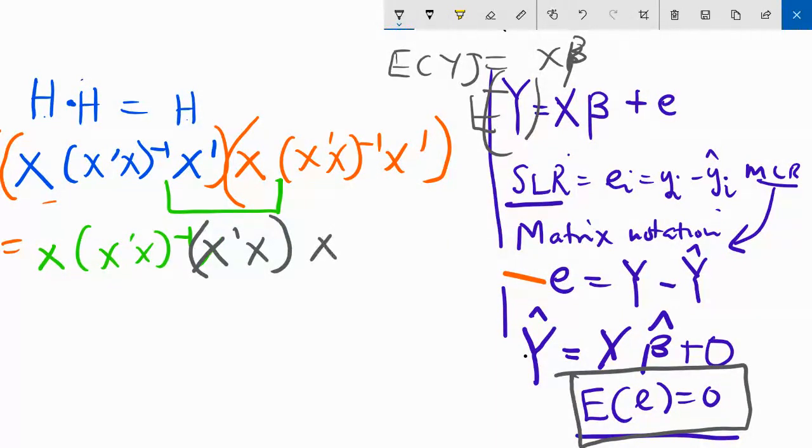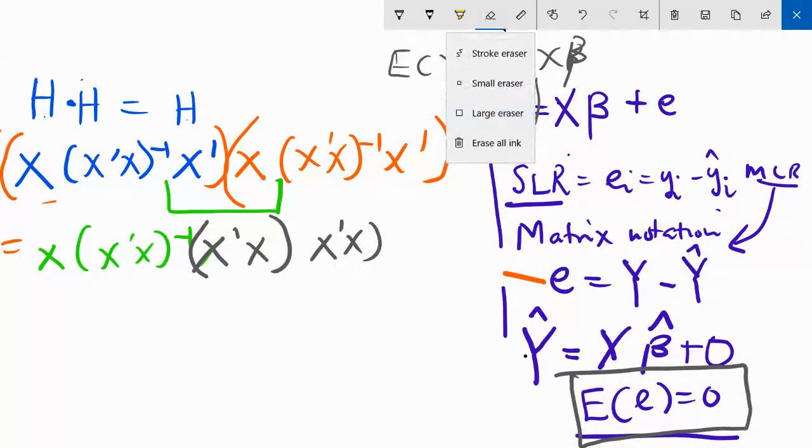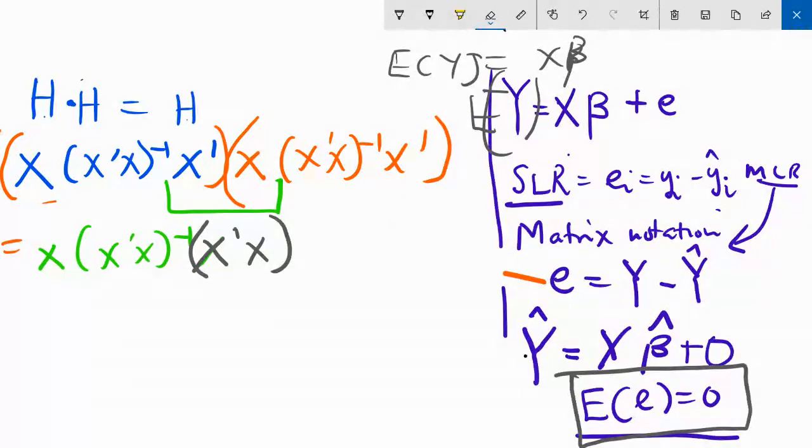Inside the bracket. And we're left with X inverse. Oh, sorry, let me use a different color here. X inverse.